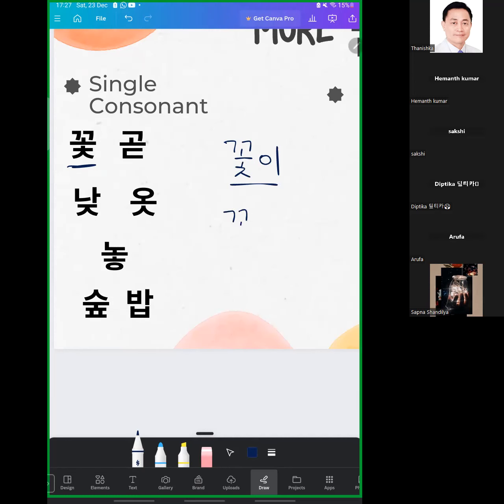The pronunciation changes to Kochi. For example, the phrase for saying the flowers have bloomed is said as 꽃이 피었습니다. Do any of you know Squid Game?